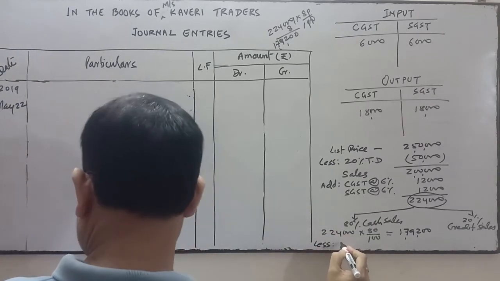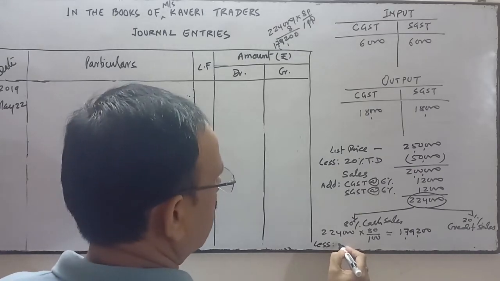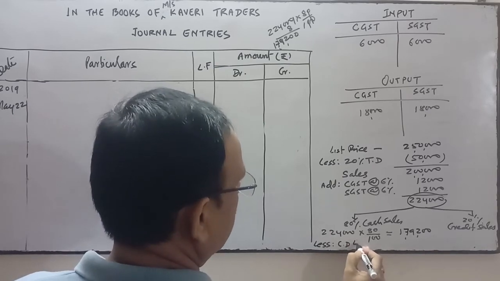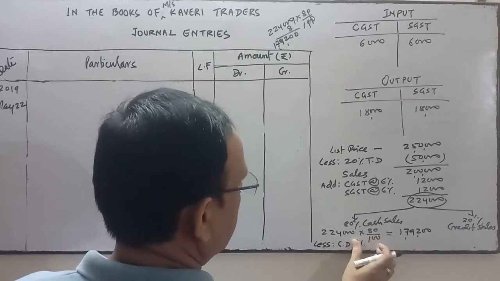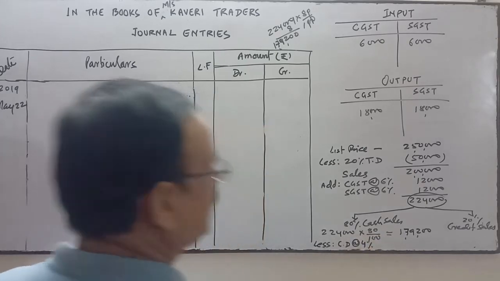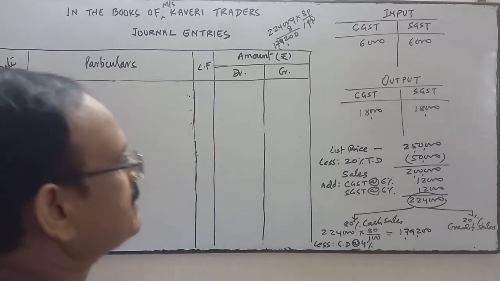Less: cash discount at the rate of 4%. On which amount will we calculate the cash discount?